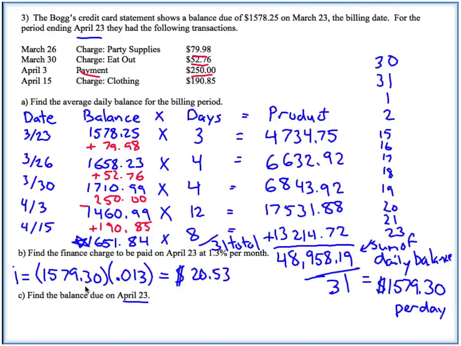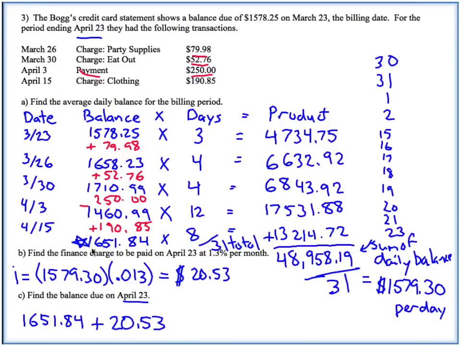Now, if we want to find the balance due on April 23rd, we already knew that the balance on April 15th was $1,651.84, and from April 15th to April 23rd, there were no other transactions except for adding in the interest based on the average daily balance.